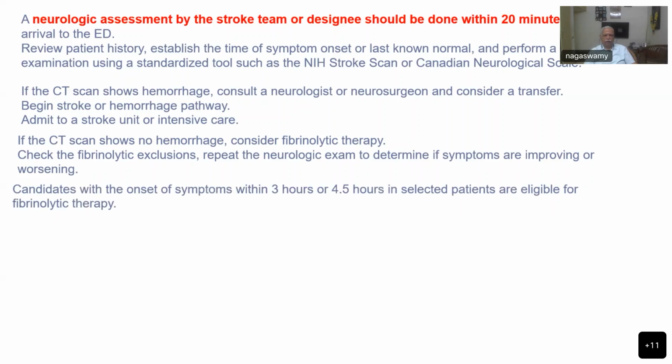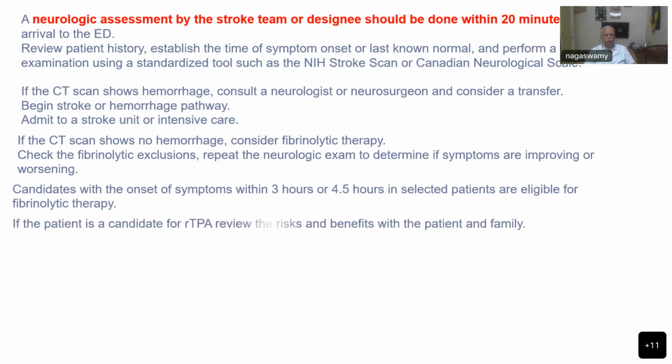Candidates with the onset of symptoms within 3 hours or 4.5 hours in selected patients are eligible for fibrinolytic therapy. So the golden time for fibrinolytic therapy is less than 3 hours. But in some cases, exceptionally, you can wait up to 4.5 hours.